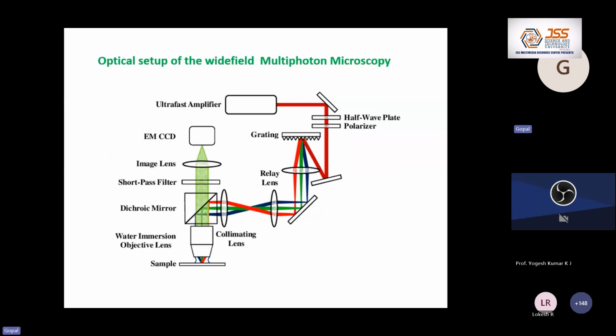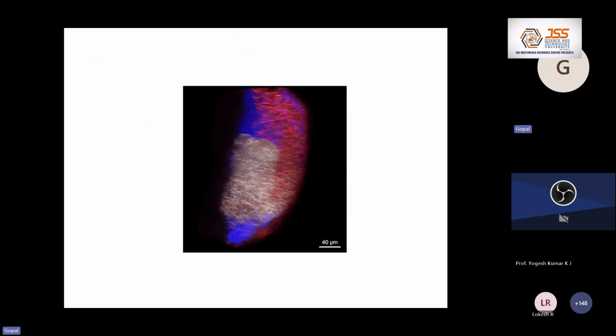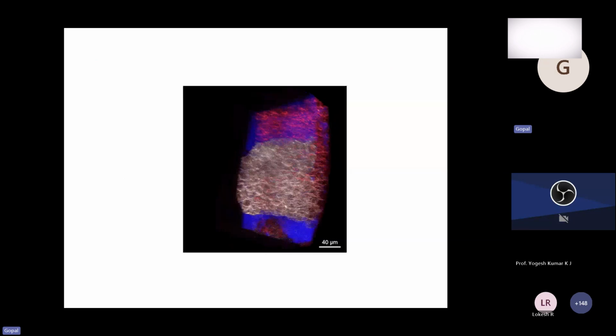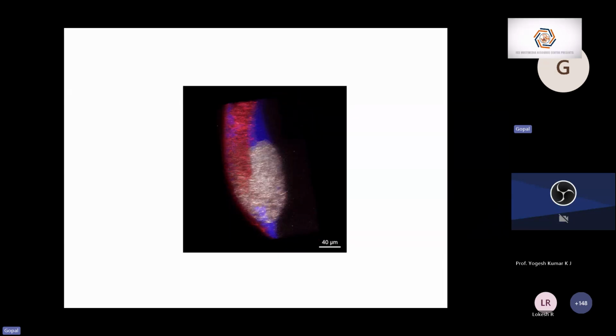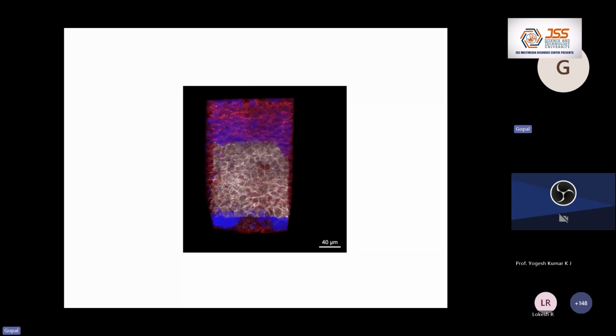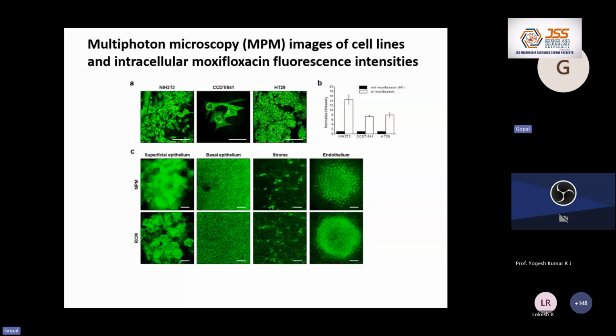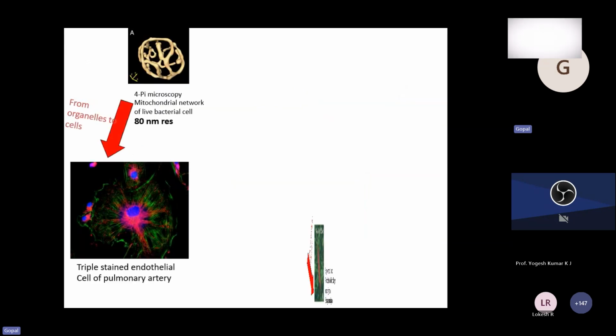I'm not going to the details, and this is how the computational techniques let you see the 3D images, which is now almost reaching the level of SEM and TEM. So multiphoton microscopy, and you can do a lot of imaging.